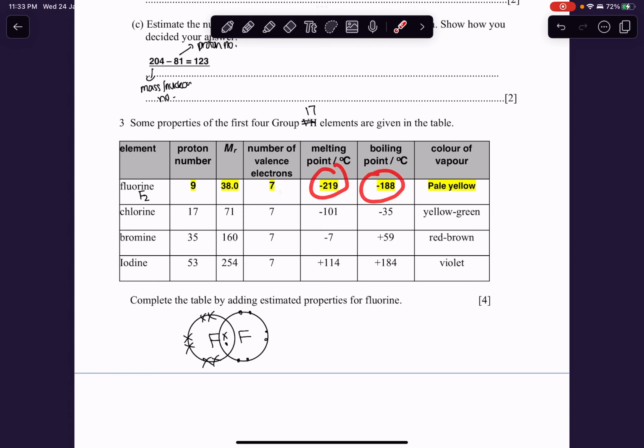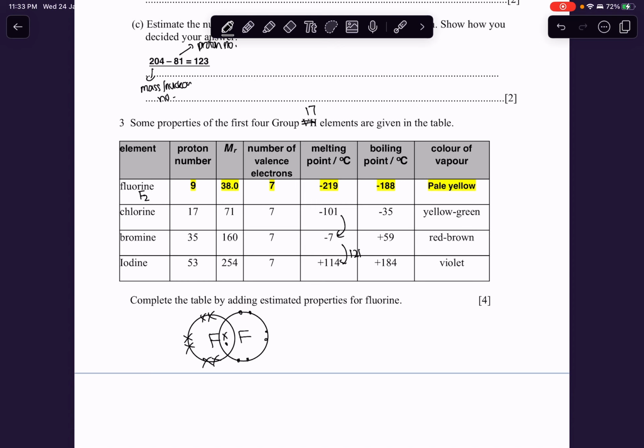Melting point, boiling point. I think a lot of you used ChatGPT and you got this exact answer. How do you actually make predictions from this trend? You can just do some simple math. Take out your calculator, find the differences from each element to the next. If you subtract, you find the difference from bromine to iodine in terms of melting point.